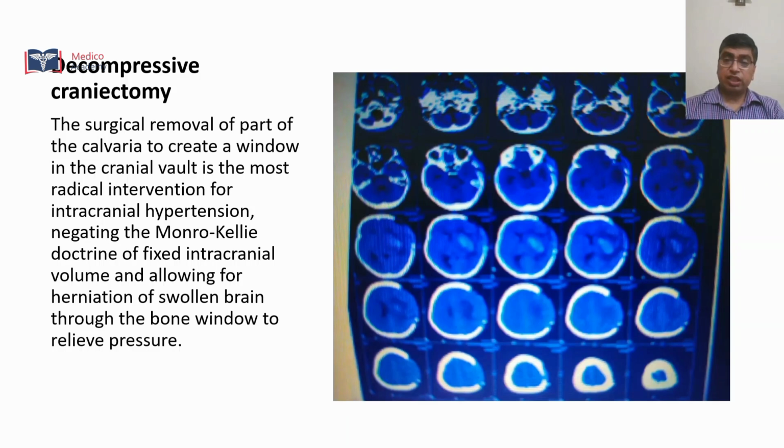Like in this CT scan, you can see that the skull is removed and the pressure on the side of the brain is relieved by movement of the brain outside the skull window.